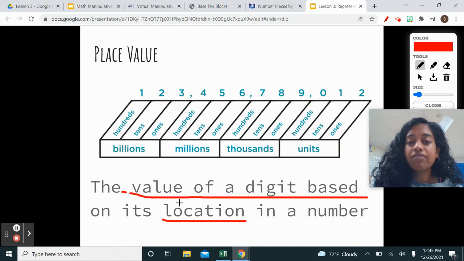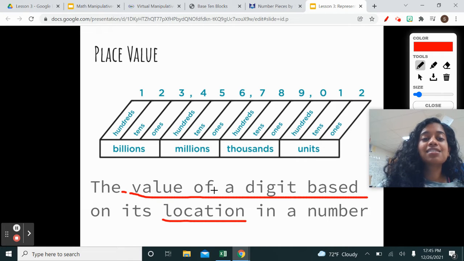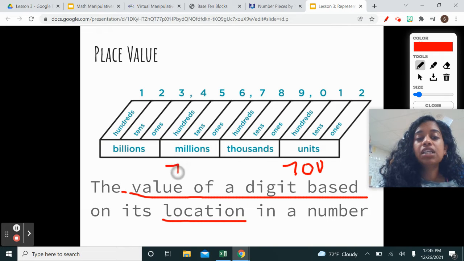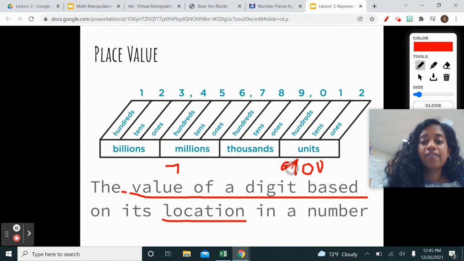So for example, if I were to put 7 in the hundreds place, that would mean we have 700. But if I were to put that same 7 in my millions place, that would mean that I have 7 million.